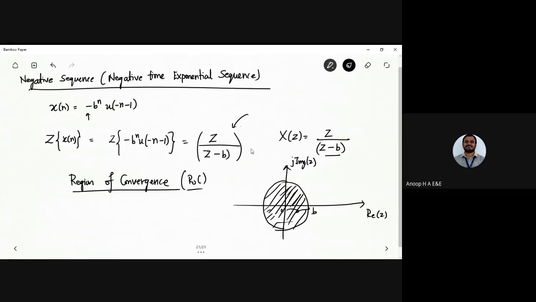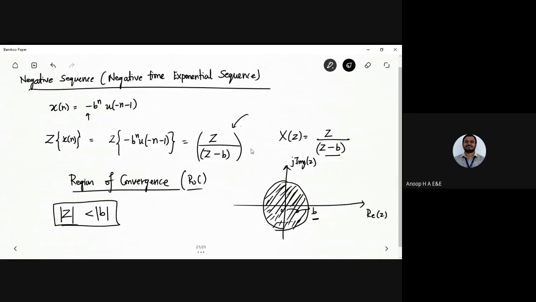Any value outside b units would make x of z tend to infinity, but the summation value should be finite there, right? So the ROC would be mod z less than mod b.